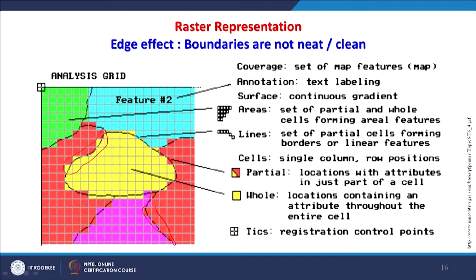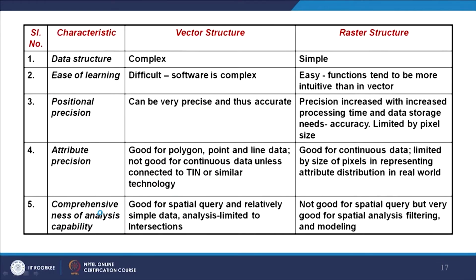However, if we improve the spatial resolution or get high spatial resolution data, then you would not notice this much error. So, in a complete comparison through a table, we will go one by one. These are the characteristics: vector data structure and raster data structure.